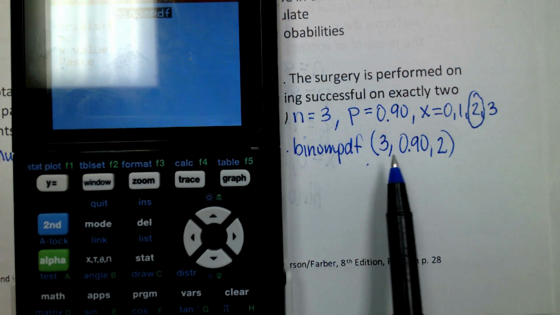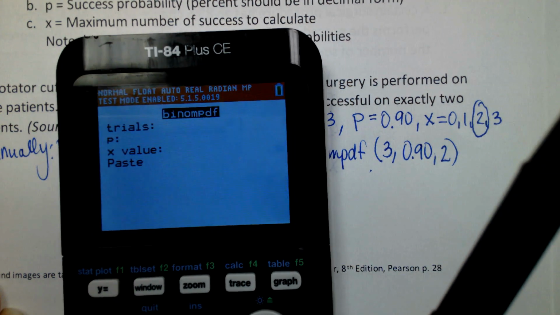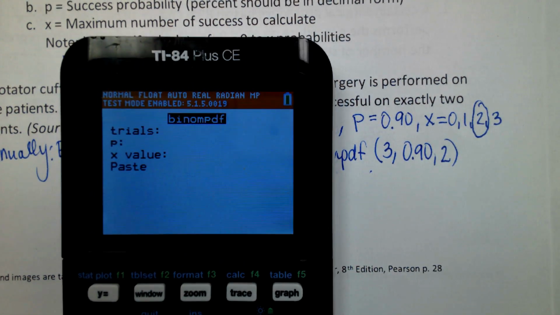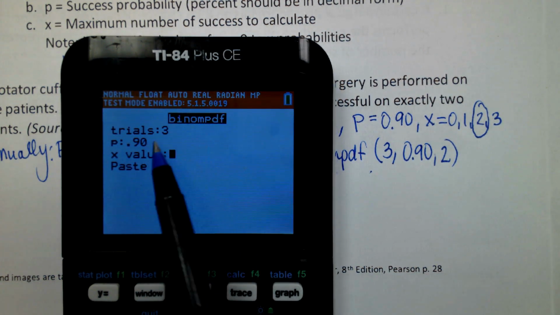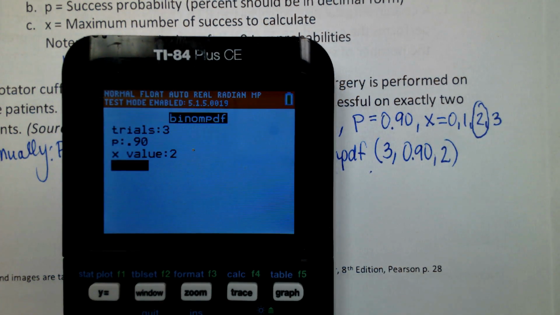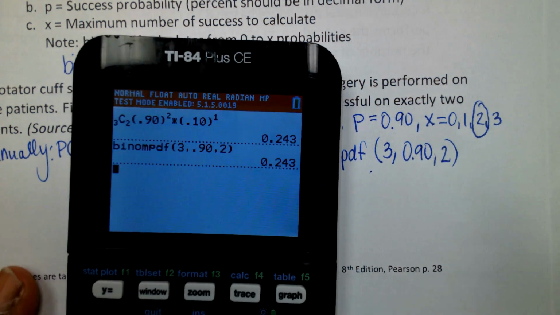For those who have that older calculator, stick with this. Our trials, remember, trials just means our sample size. Our passing rate needs to be a percent or a decimal. And then our X is the one we're trying to find specifically. I make sure it matches. And there we go.